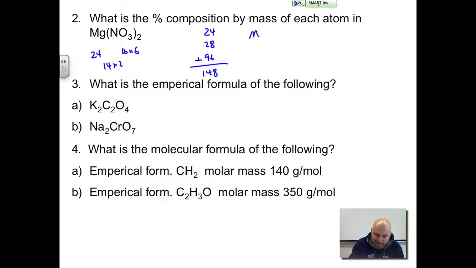So the magnesium one is going to be 24 over 148. Nitrogen would be 28 over 148. And oxygen is 96 over 148.